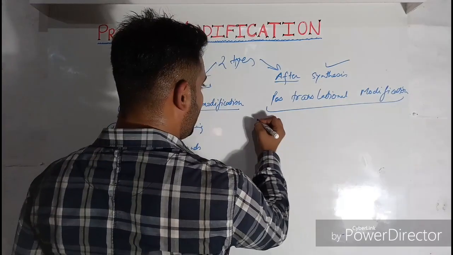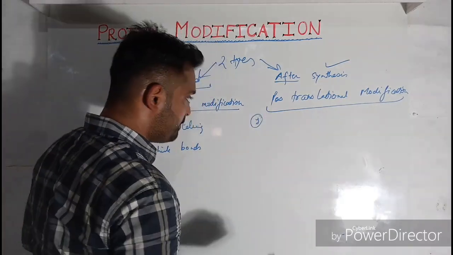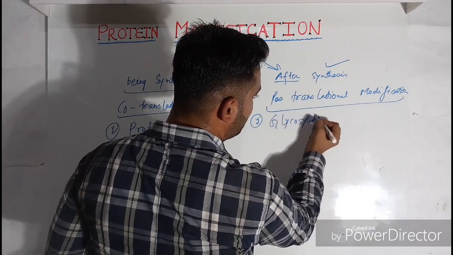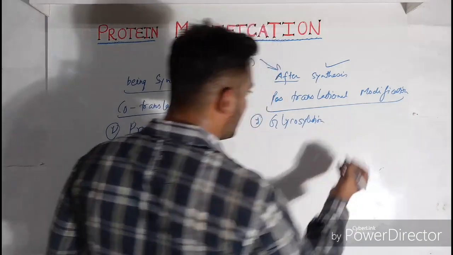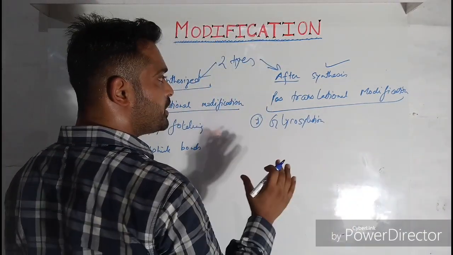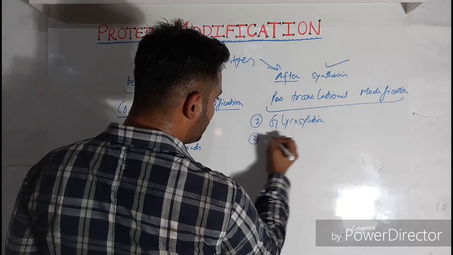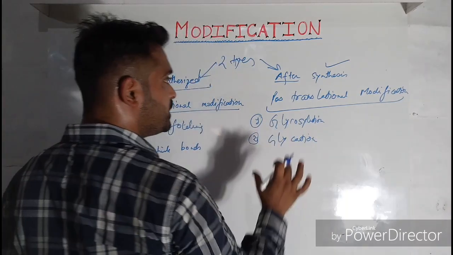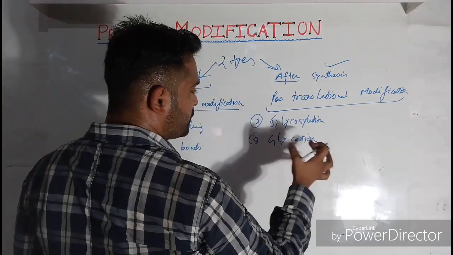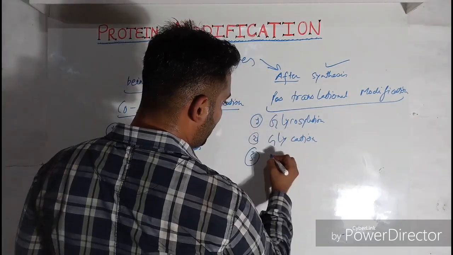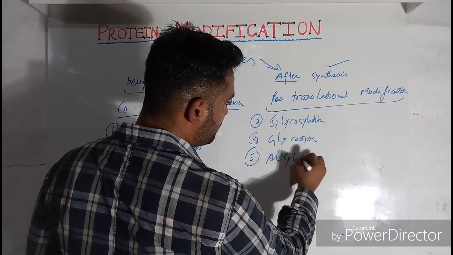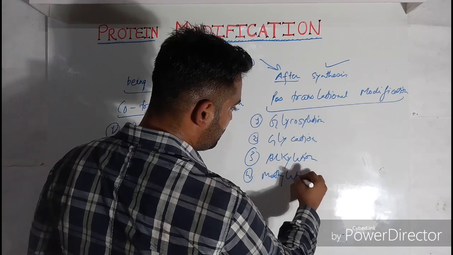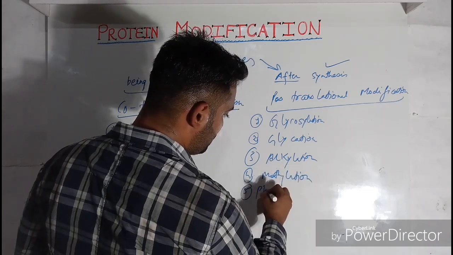Post-translational modification, here we have a very important one, which is glycosylation. That is the enzymatic addition of the sugar groups to the protein, and then we have glycation, which is the non-enzymatic addition of the carbohydrate or sugar groups to the protein. Alkylation, addition of the alkyl groups. Methylation. Then we have phosphorylation.